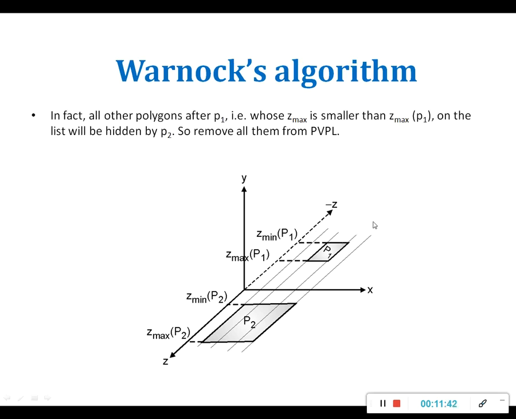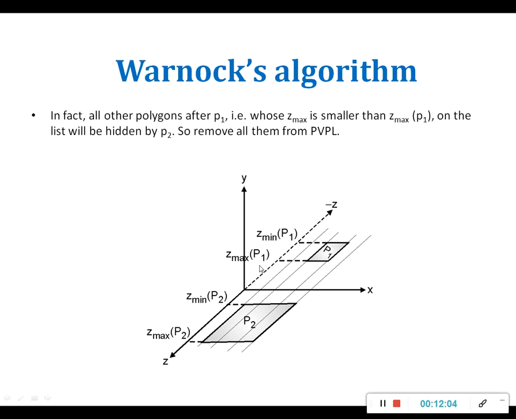Okay. In fact, all other polygons after P1, whatever values we get after this P1, will be smaller than the Z max of P1. Any polygon on that list whose value is smaller than the Z max of P1 will be hidden by P2.